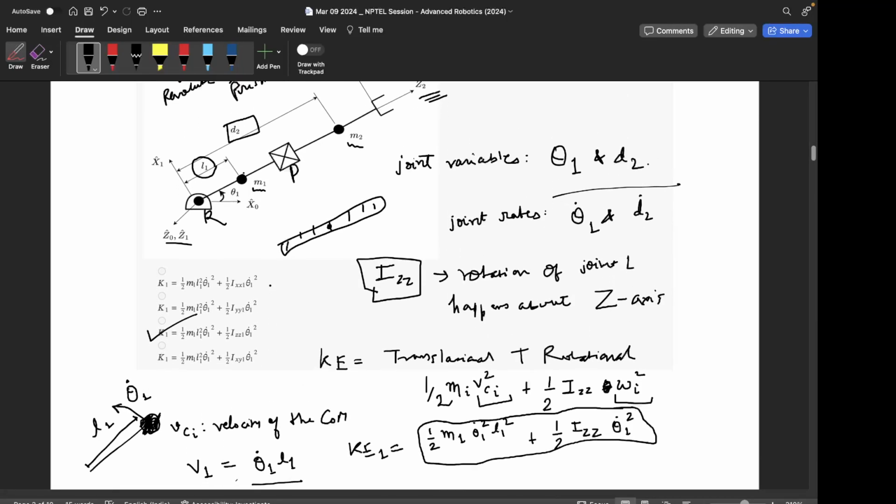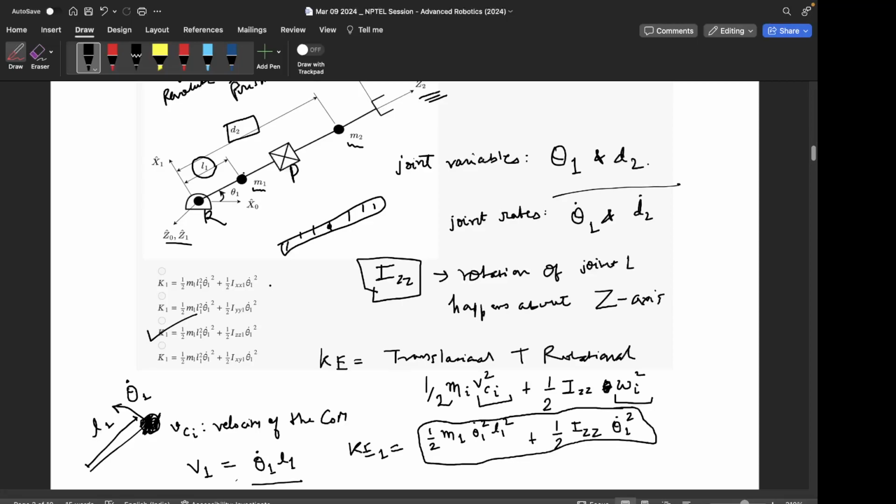Any doubts in calculating kinetic energy? Sir? Yes, Karthik. Sir, here when izz is given, when we write the inertia tensor, how are the product moments equal to 0, sir, for this case, for link 1?